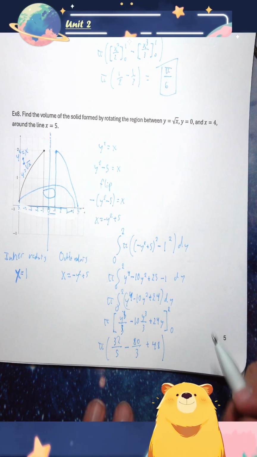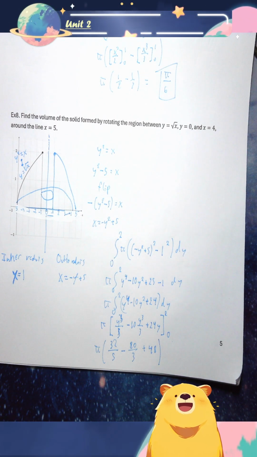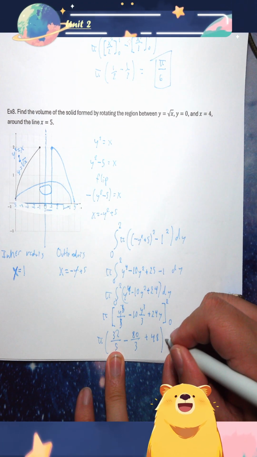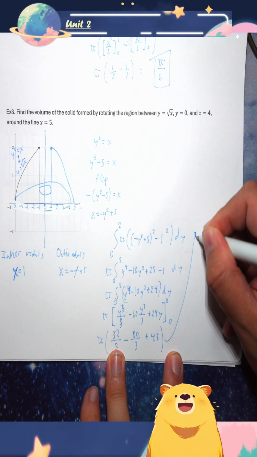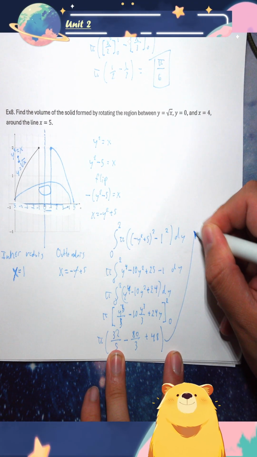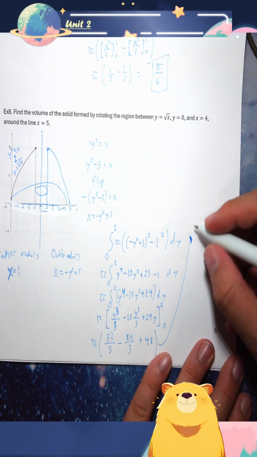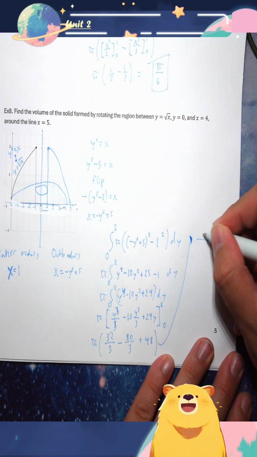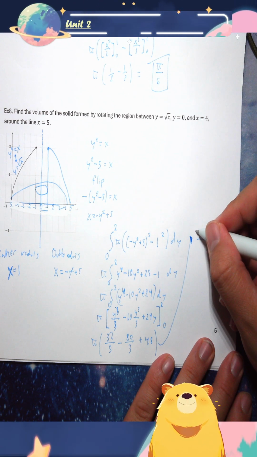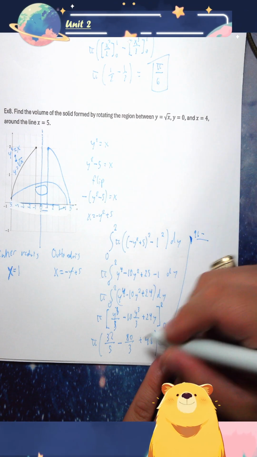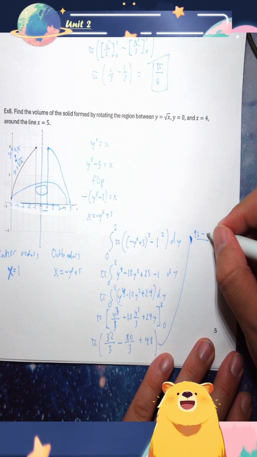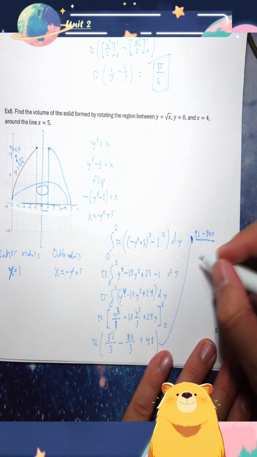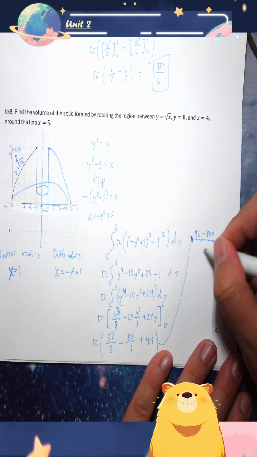Okay. So let's go ahead and make this bigger. Unfortunately, I'm going to go ahead and put an arrow here. Let's see. 32 times 3, that's going to be 96. And then 80 times 5, that's going to be 400. Over 15.